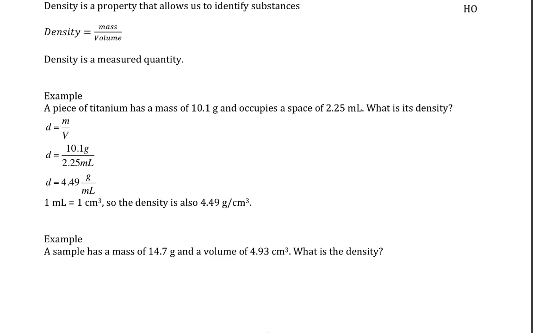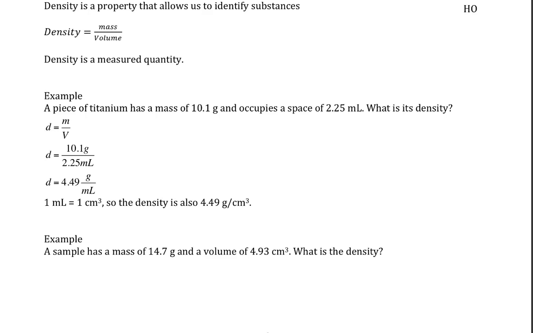So here's an example. A piece of titanium, which is a metal, it's an element on the periodic table, has a mass of 10.1 grams and occupies a space of 2.25 milliliters. What is its density? So density is mass over volume. Notice how I write out the equation, and then I put the terms in, 10.1 grams for mass, 2.25 mLs for volume.